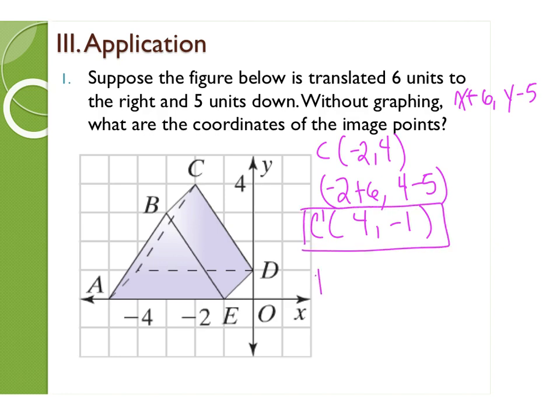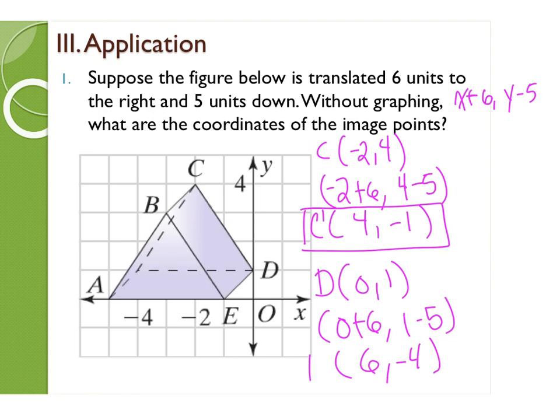We'll do D next. Coordinates for D is 0, 1. 0 plus 6, 1 minus 5, 6, negative 4 will be my coordinates for D prime.